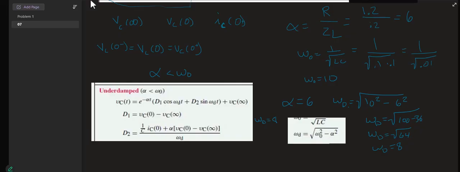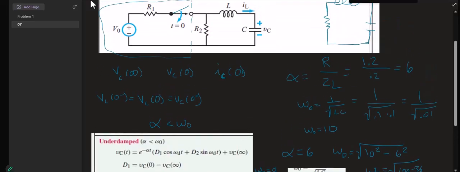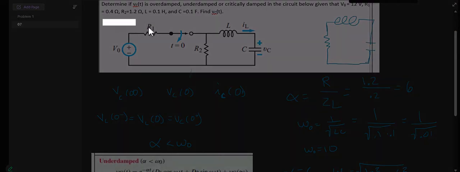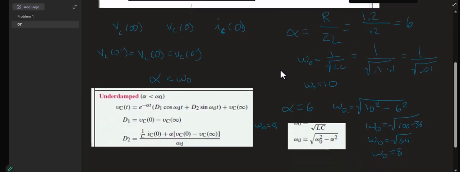Okay, so we've got omega D now. Now we need to find D1 and D2, and D1 and D2 are asking us some things about our circuit. So we need to go back and look at our circuit at 0 minus. Even though I was saying earlier that the voltage across the capacitor is the same for 0 minus or 0 plus, you find it by looking at 0 minus, because you can't predict what it'll be at 0 plus without knowing what it was at 0 minus.